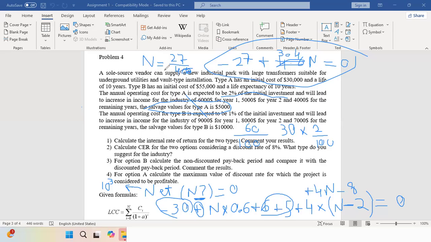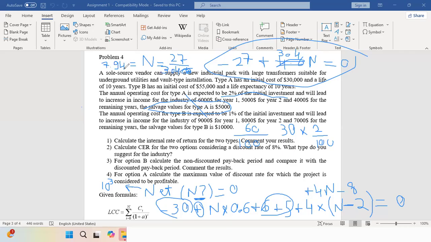Which is relatively high. If we calculate the value, can you please do it on the calculator? 27 over 3.4. 7.94, which is nearly equal to 8 years, very close to 10.